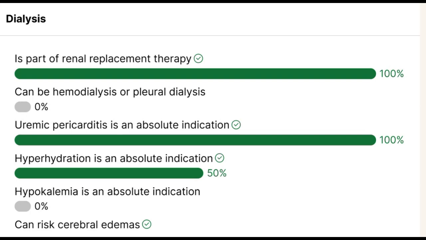The gist of it is that since urea is slow to move through the blood-brain barrier, when you perform hemodialysis, the concentration of urea is higher in the brain than in the blood, and therefore fluid begins to move into the cerebral compartment and causes some sort of cerebral edema.